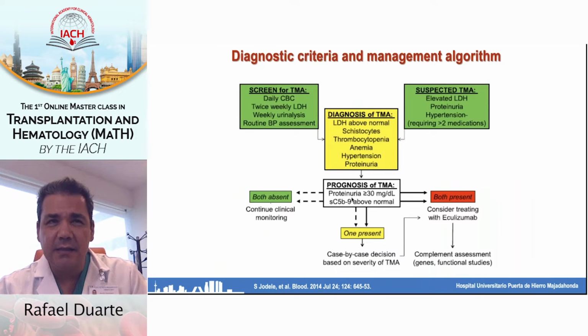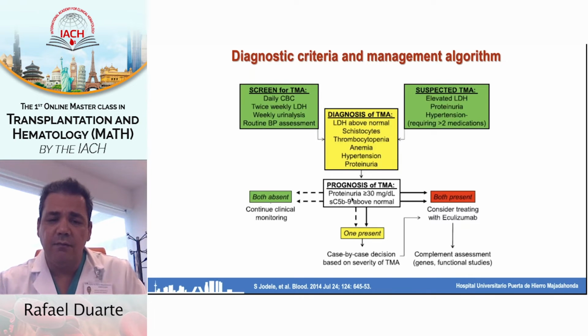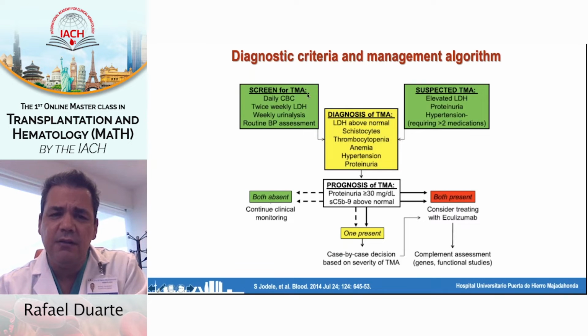So I'll summarize the diagnostic criteria and management with this graph from Sonata Jodele, in which we bring together several interesting things that I think are useful for the management. First, screen for TMA. What is it that we do in our patients that might be a high risk?